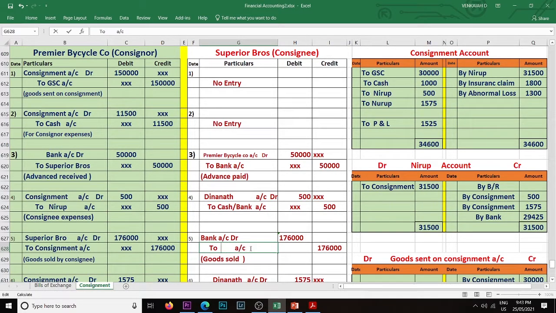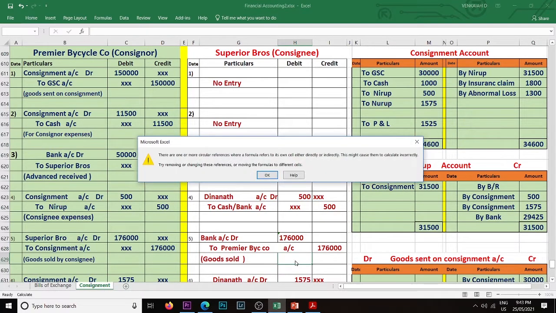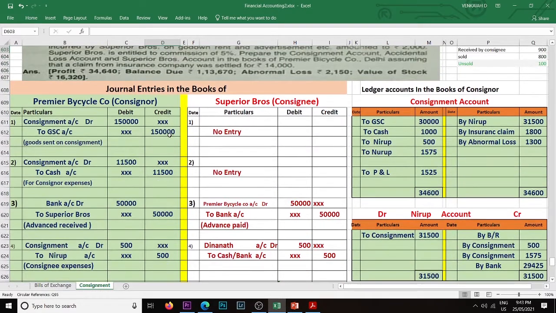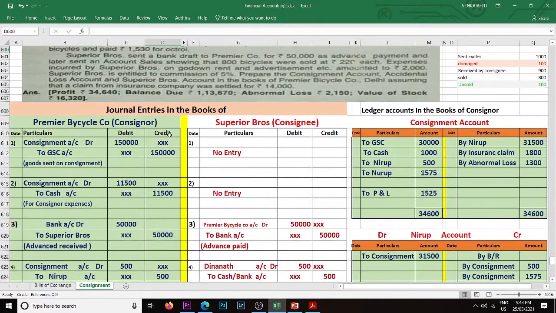Journal entry. Okay. So as the problem is going on, I am posting into journal entries, because I know where exactly the journal entry will be.